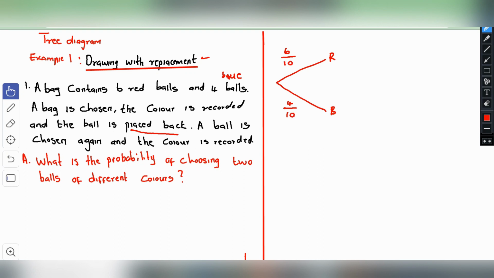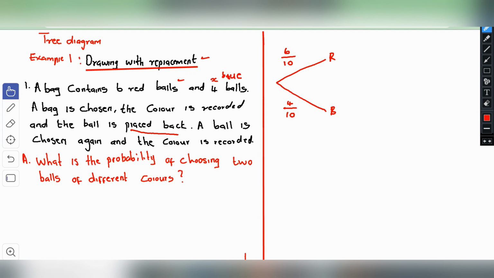To confirm that the answer you wrote here is correct, when you add these two values, you must get 1, right? So in other forms, you'll be given 6 all over 10 only, and then you should be able to get the other one by doing what? Let's say you were given only 6 red balls, and you are not given the other one.